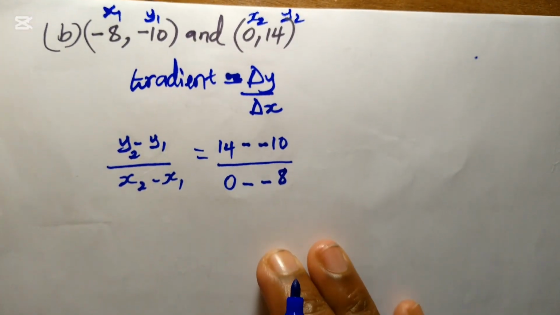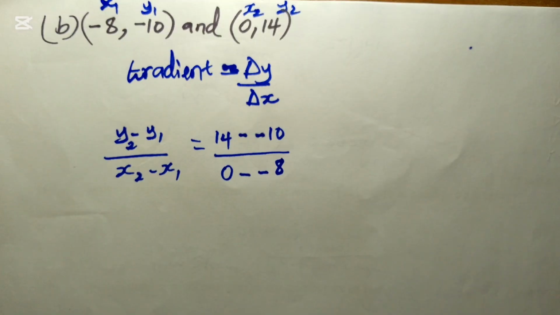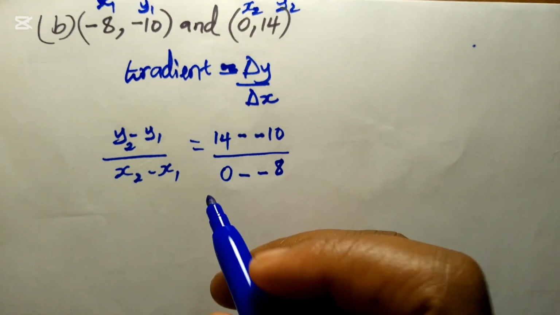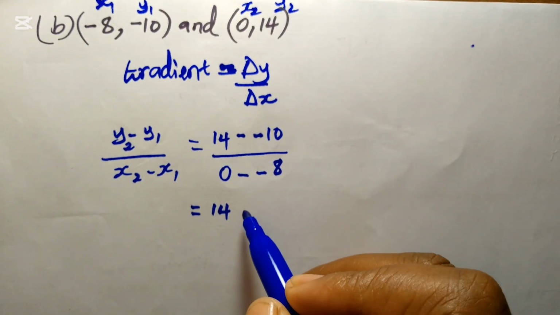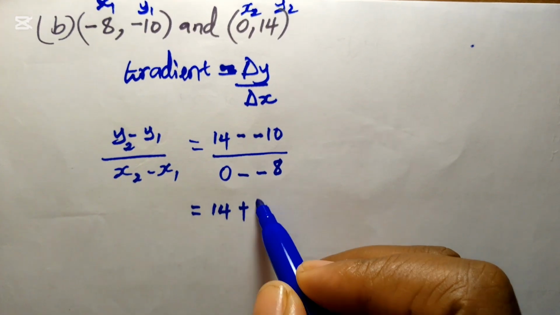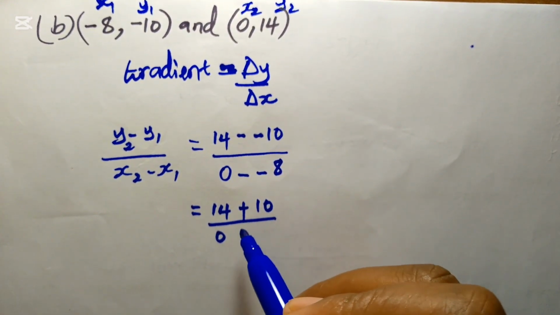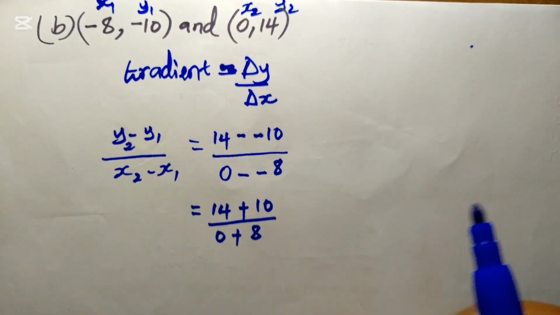In grade 9, we learn about multiplication of integers, where a negative following a negative changes to positive. So that is 14 minus negative 10 is plus 10, over 0 minus negative 8 is plus 8.